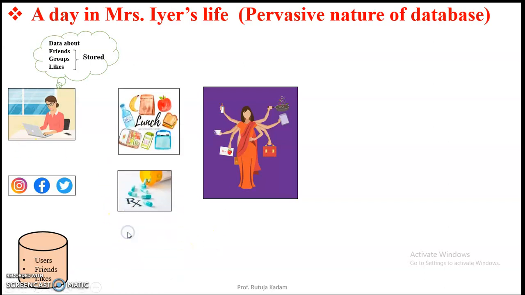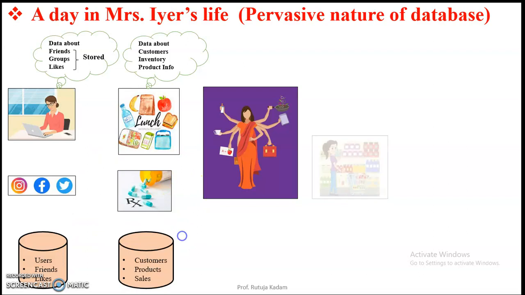Then at lunch time, she goes to the medical store to buy some medicines, and again she thinks about what data the pharmacist wants and how it is stored: the customers' data, inventory, and product information. Again, that is also stored in the database.